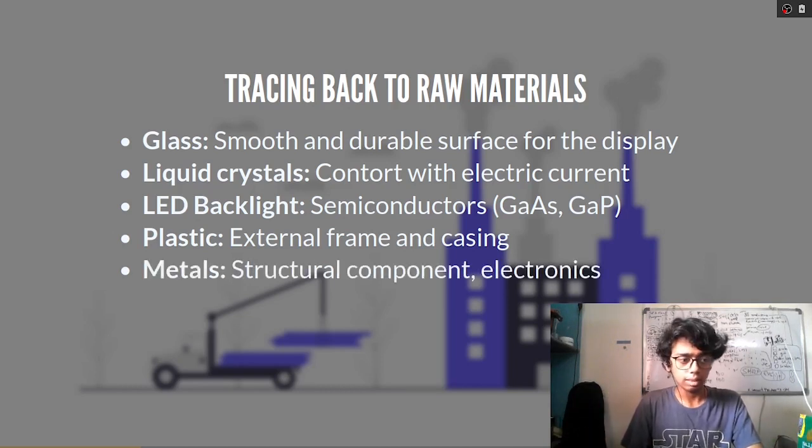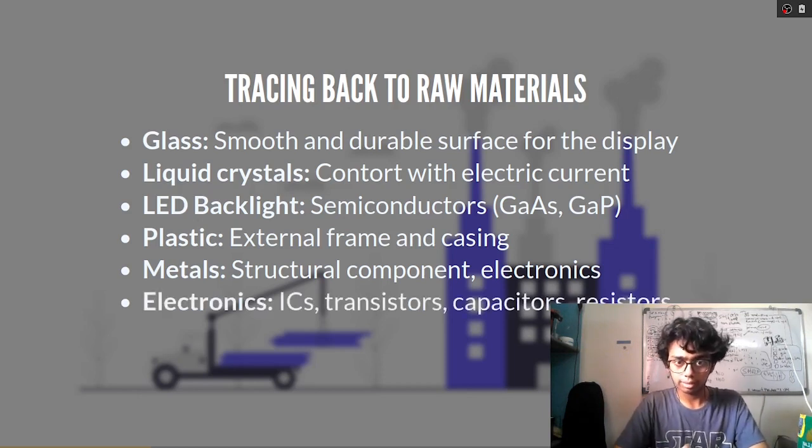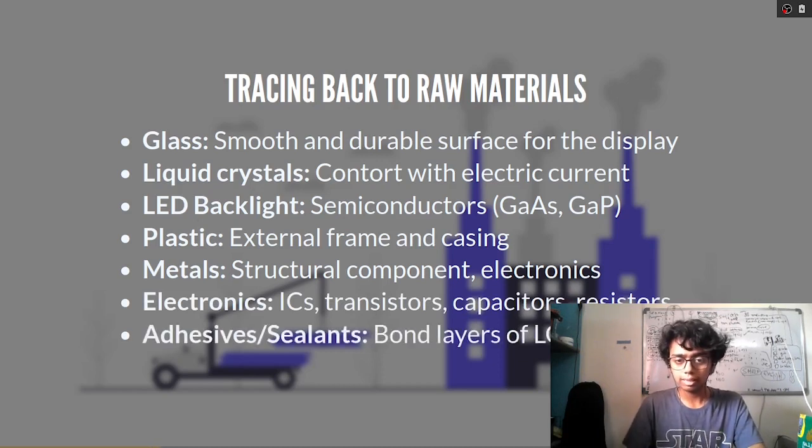Then there's metals, usually aluminum because it's lightweight and more easily sourced than other metals, and it's used for the skeletal component, and also for the electronics like the integrated circuits, along with semiconductors for the circuitry and the heat reduction components and all. Then there's electronics. You have integrated circuit boards, transistors, capacitors, resistors, adhesives and sealants to put all of the components together.